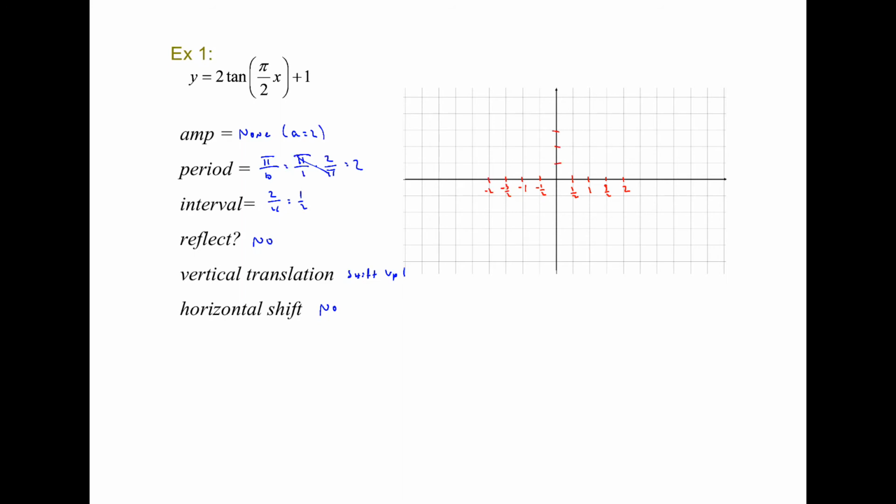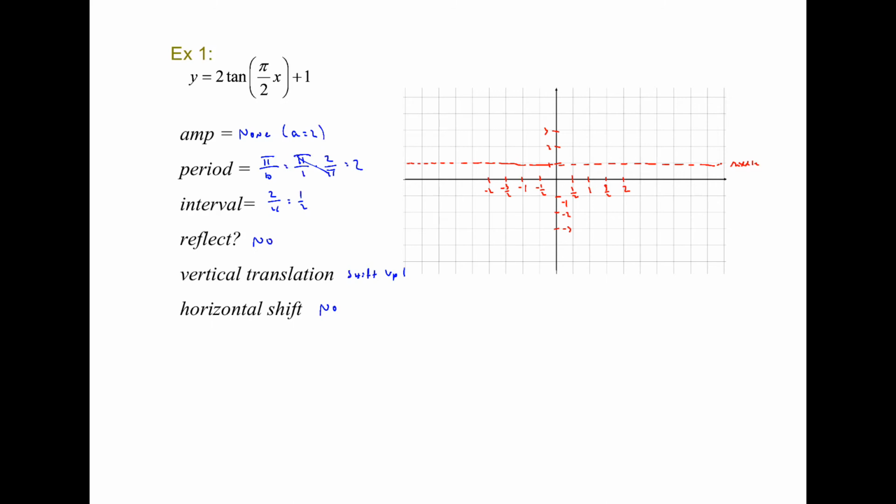The a value is 2, so we'll let each square represent 1 unit. And it is getting shifted up 1, so we're going to take this x-axis and shift it up 1 unit. So this is kind of your new middle there. There is no horizontal shift, so we don't have to worry about that.